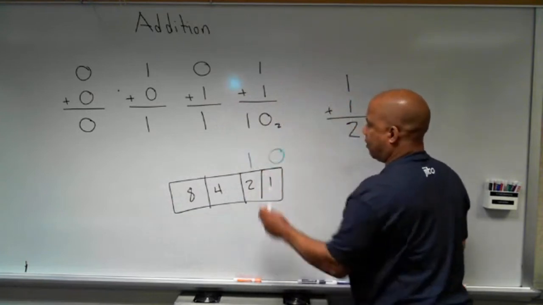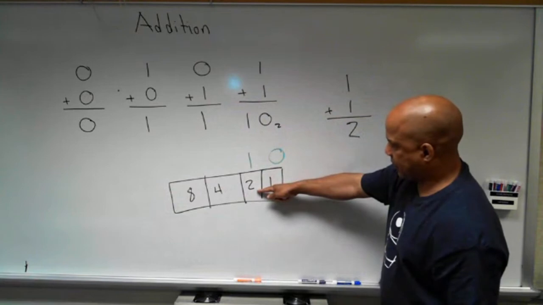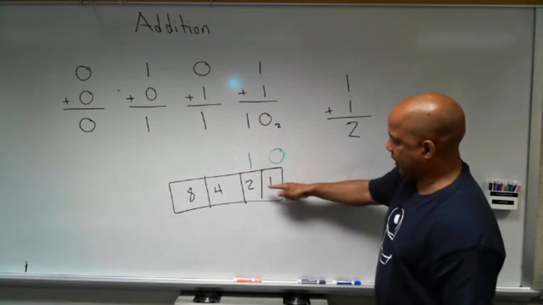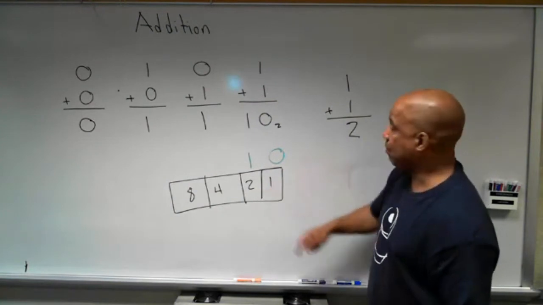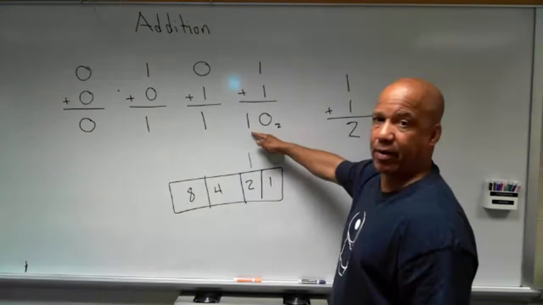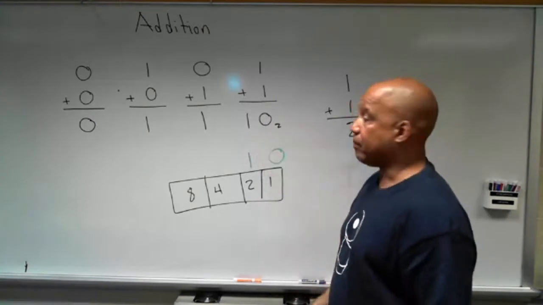I have a 1 and a 0. I have one of these. I don't have any of these. So a binary 10 is 2 in our number system. So when you do that, we think of this as a carry. We call that the carry when I write it over one column.